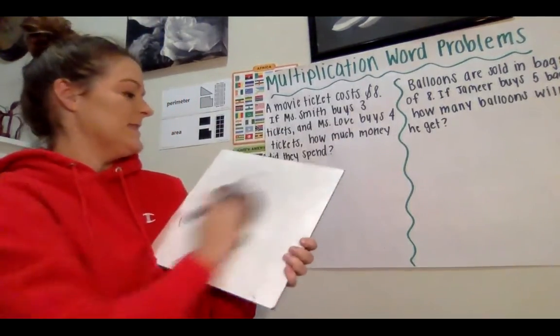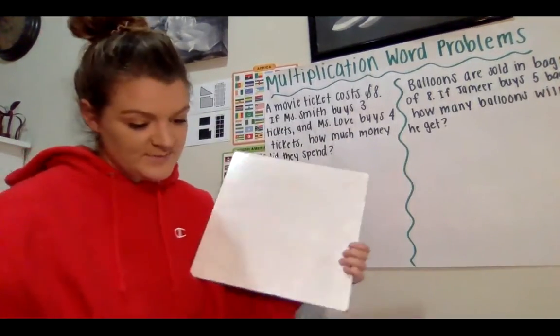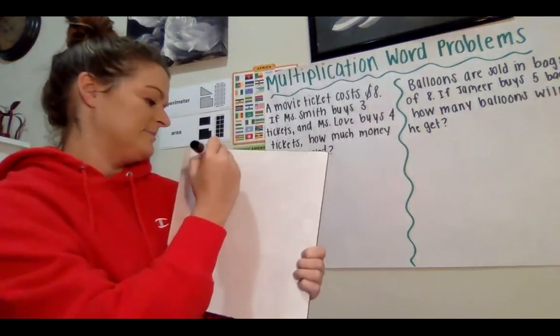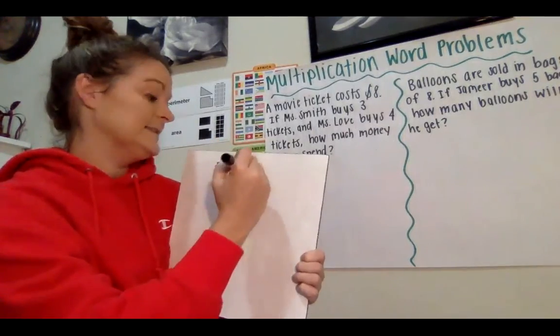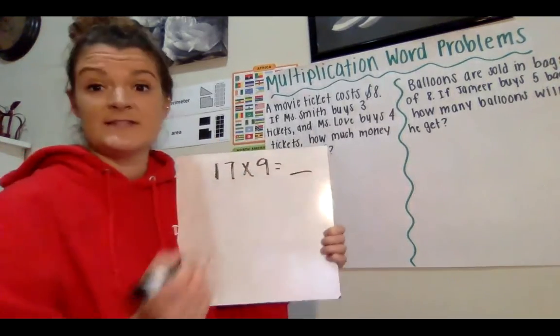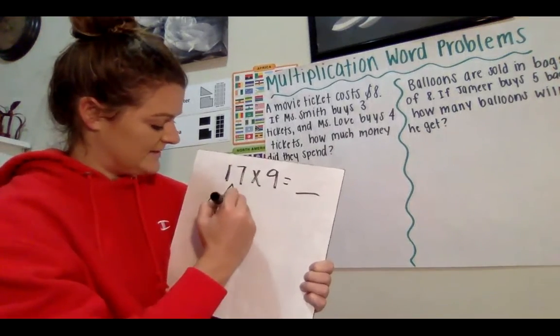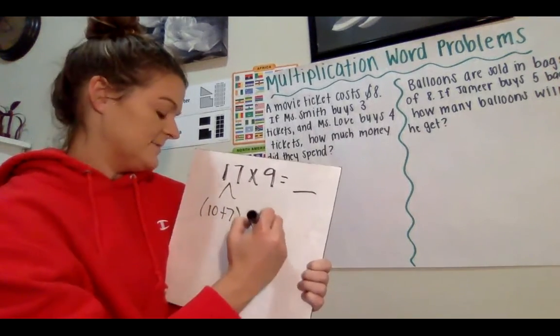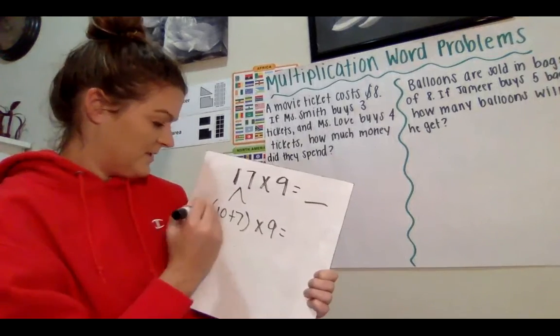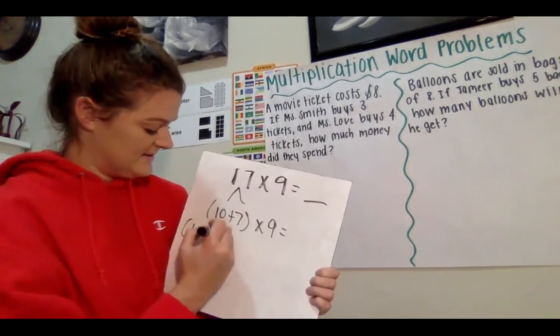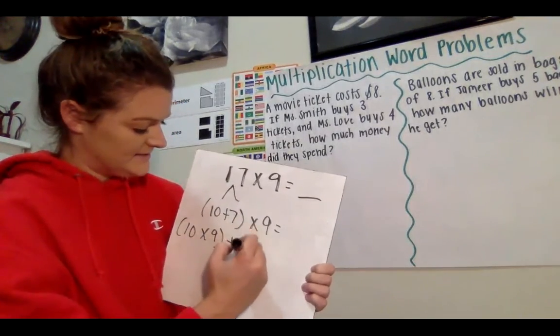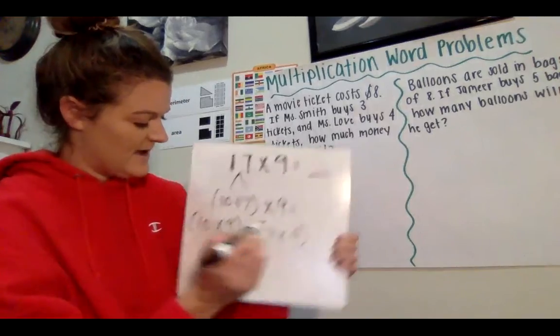Now let's try our last one. Your last one is going to be 17 times 9. I definitely don't know how to do 17 times 9 in my head. So I'm going to break apart my 17 into 10 plus 7 times 9. That's going to give me 10 times 9 plus 7 times 9.